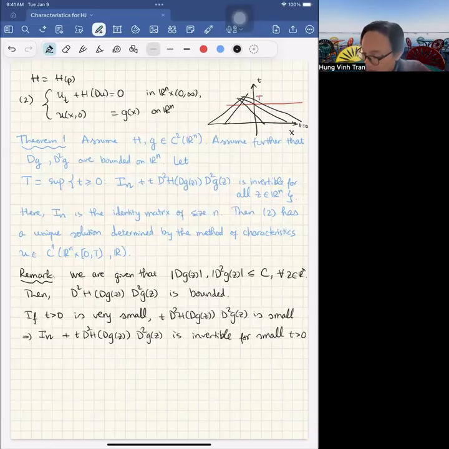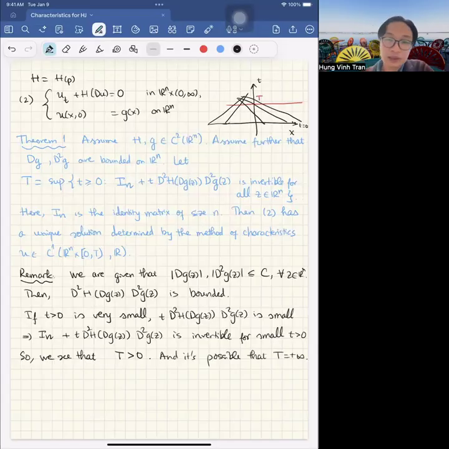So we see that capital T is greater than 0. It's solvable for at least some amount of time. And it's possible that capital T can be plus infinity. Okay, it's possible.